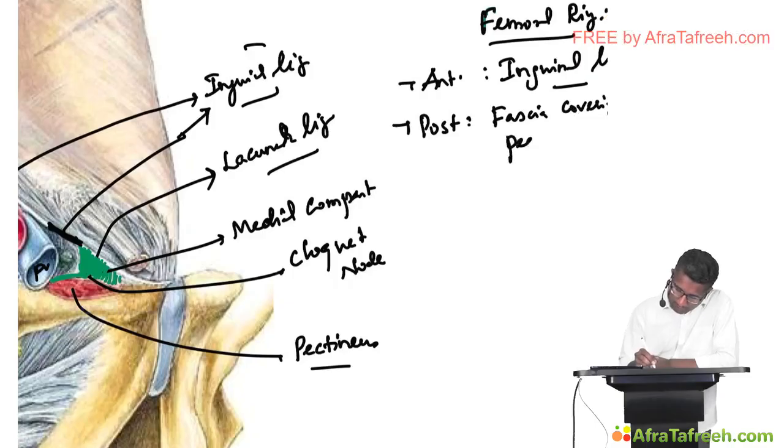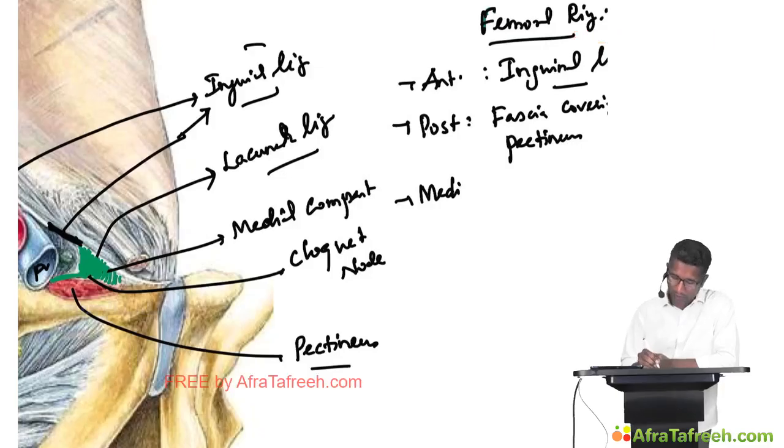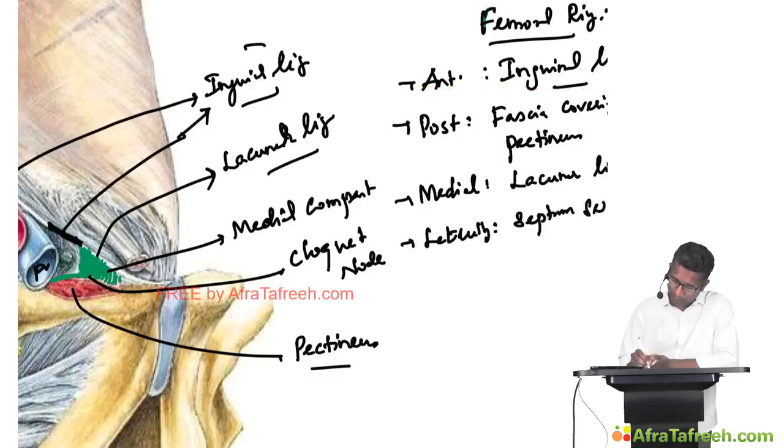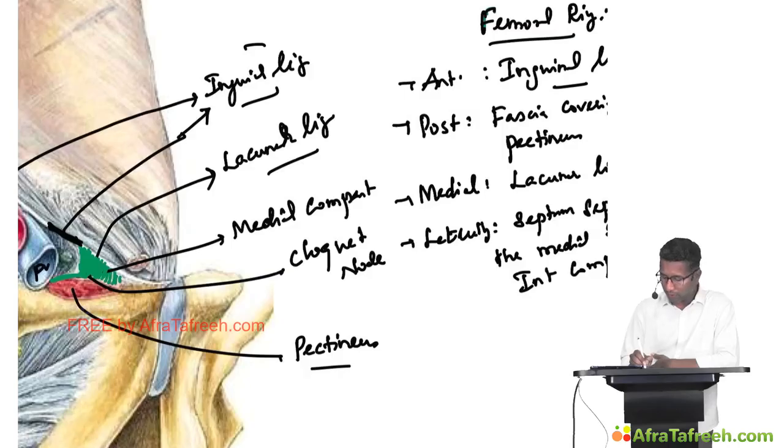On the medial side there is a reflection of the inguinal ligament, called the lacunar ligament. And laterally, you get the septum separating the medial and the intermediate compartment. So these are all the boundaries of the femoral ring.